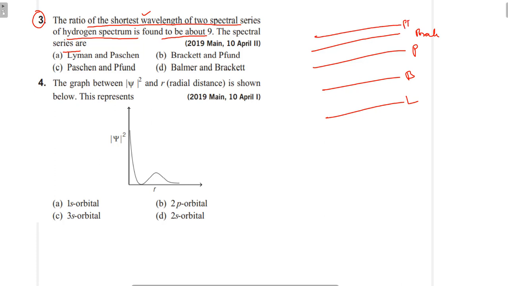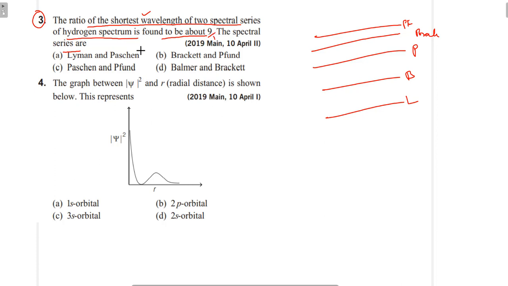Now the question is the ratio of the shortest wavelength of two spectral series is about 9. 9 means I can take 9 by 1 as the ratio.